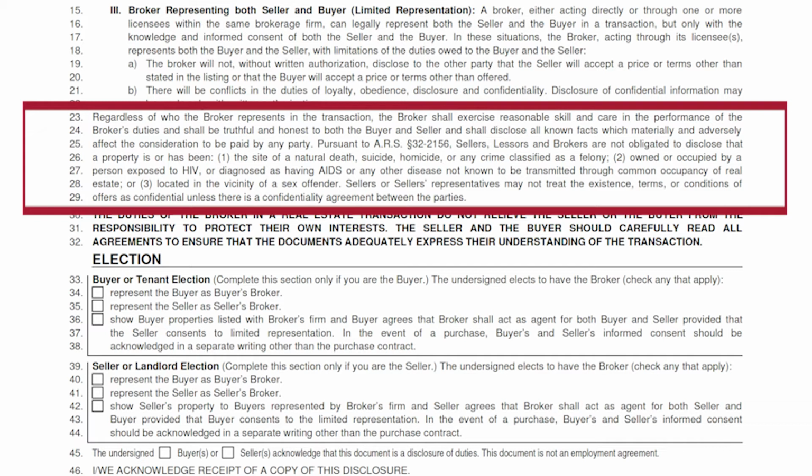Or, number 3, that the property is located in the vicinity of a sex offender. Sellers or their representatives may not treat the existence, terms, or conditions of offers as confidential unless there is a confidentiality agreement between the parties.